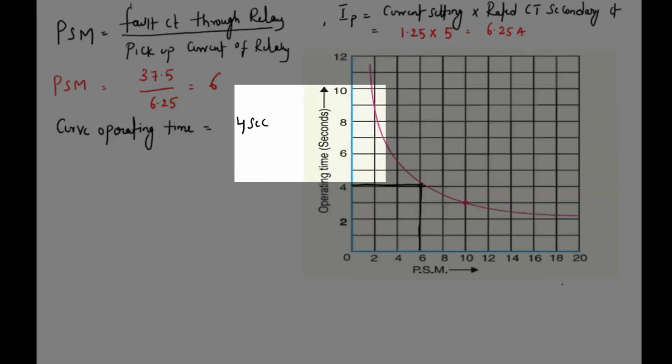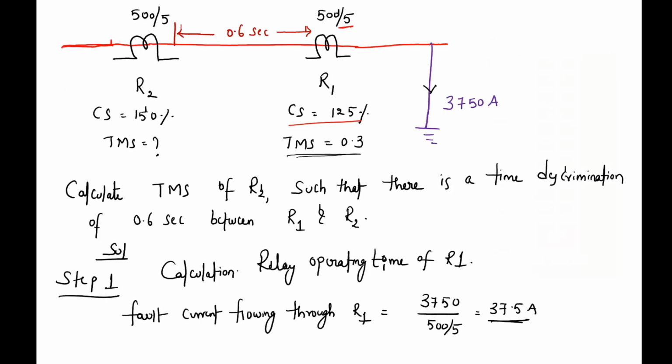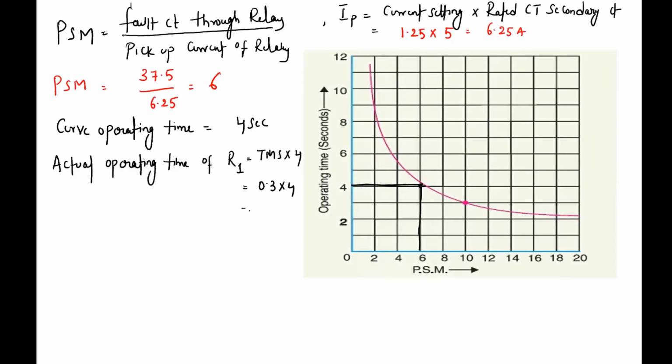So the actual operating time of relay R1 is the time multiplier setting into 4, that is 0.3 into 4. I hope you are getting the value. 0.3 into 4 is 1.2 seconds. 1.2 seconds is the operating time of relay R1.